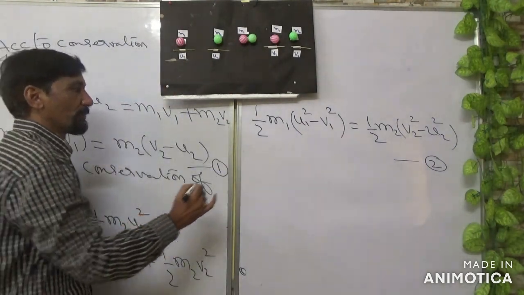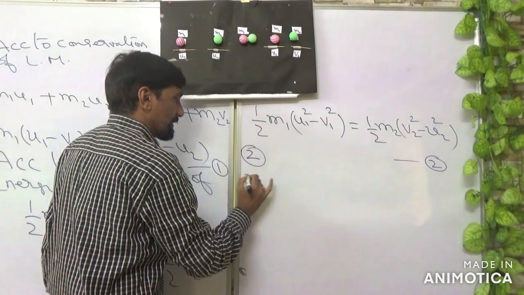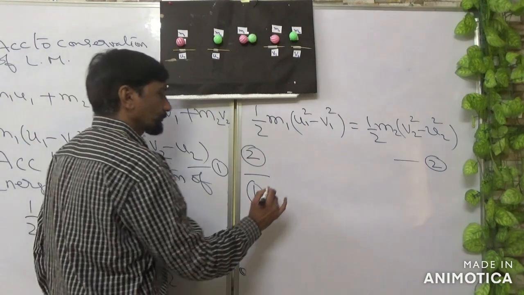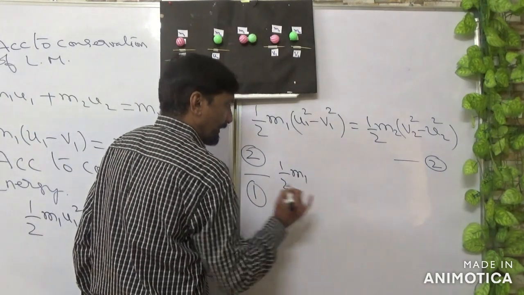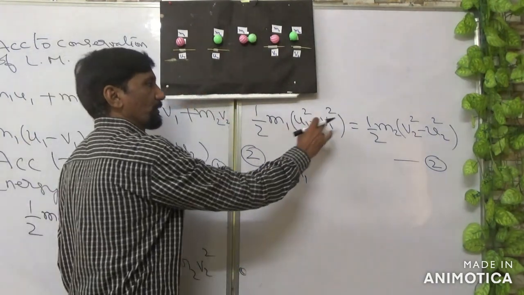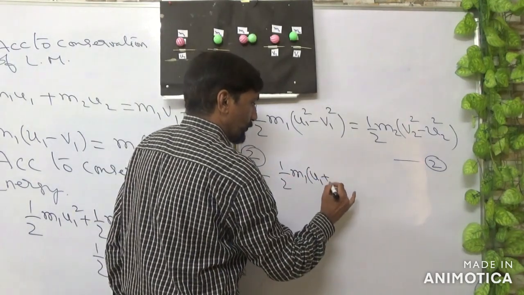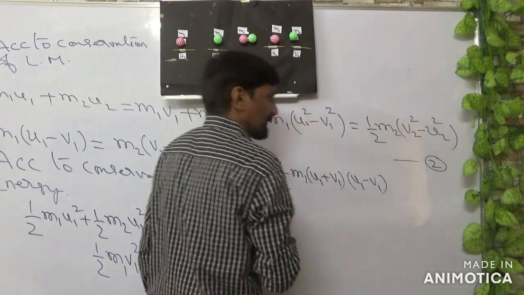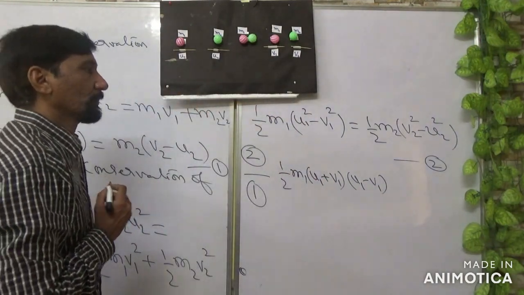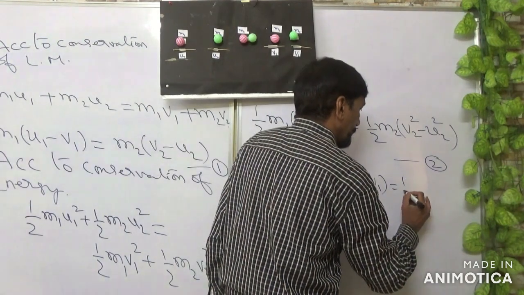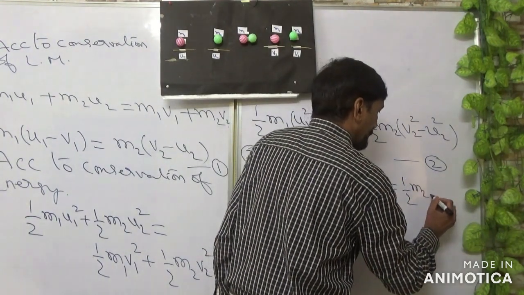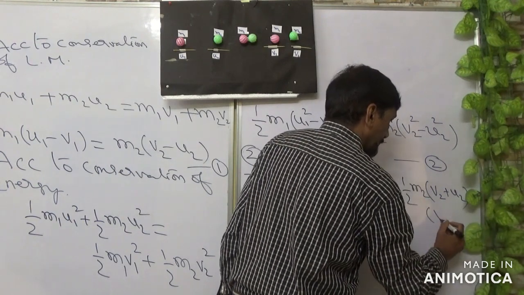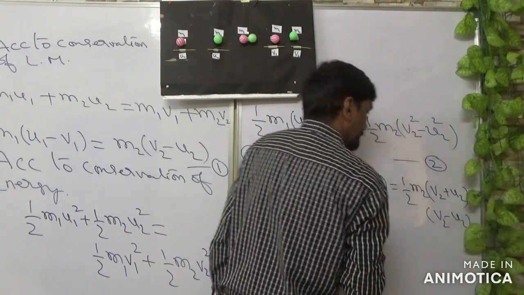Now divide the second one by the first one. Half m1, a square minus b square, so you can write u1 plus v1 into u1 minus v1, equal to half m2 of v2 plus u2 into v2 minus u2.